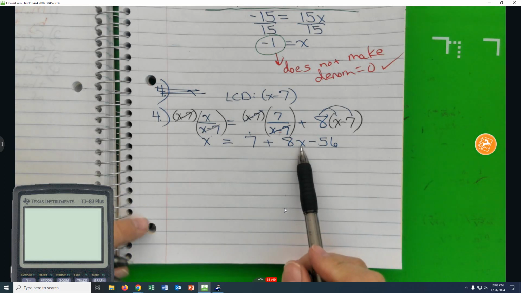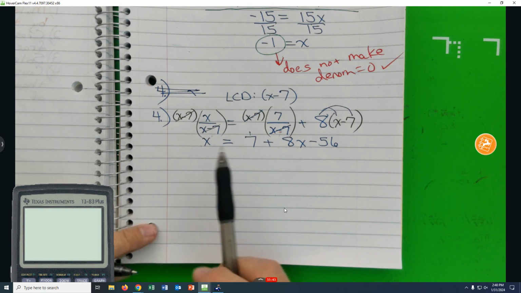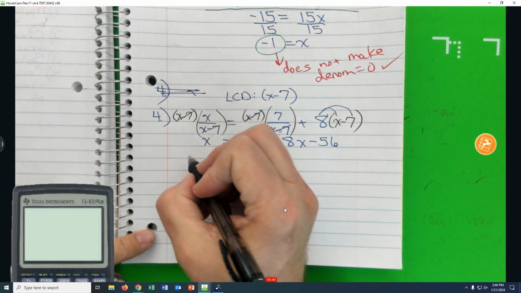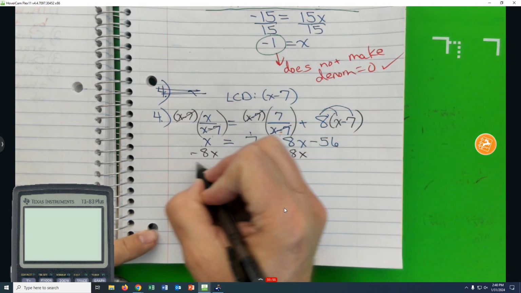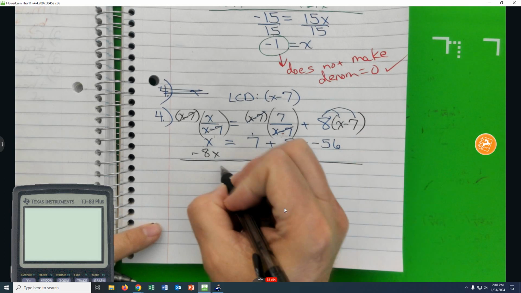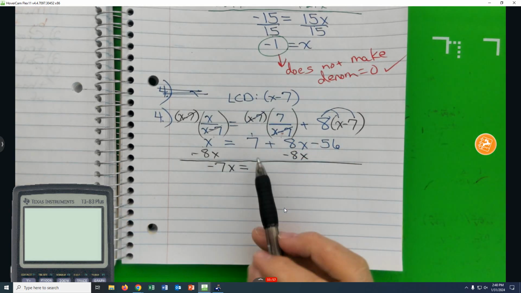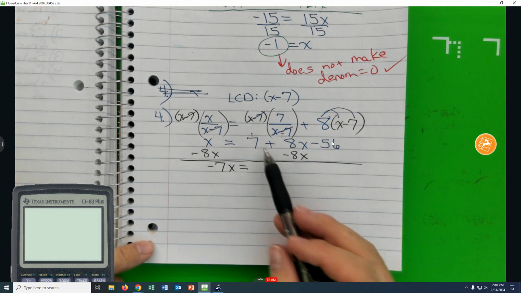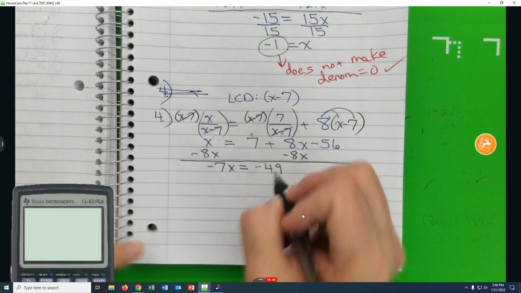Let's move that 8x over to the left by doing what? 1x minus 8x gives me negative 7x, I agree. So we have negative 7x is equal to 7 minus 56. 7 minus 56 is a negative 49. That's nice.